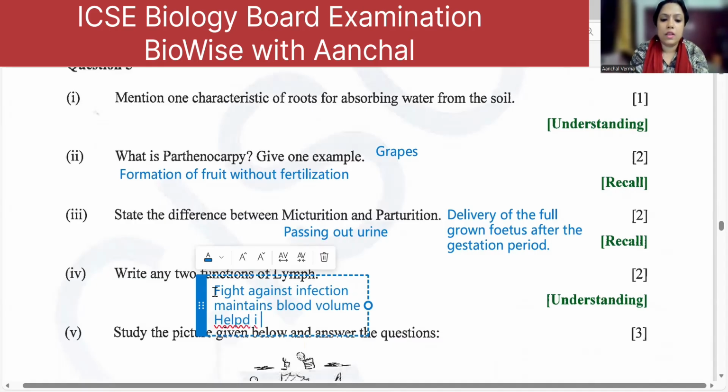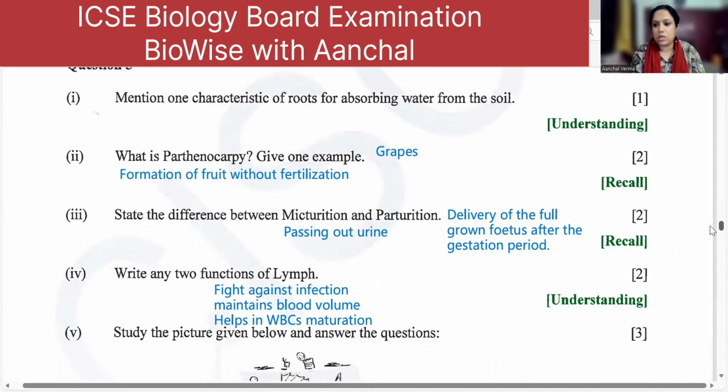Helps in WBC maturation. Okay, not synthesis but maturation. Okay, so this is your lymph.